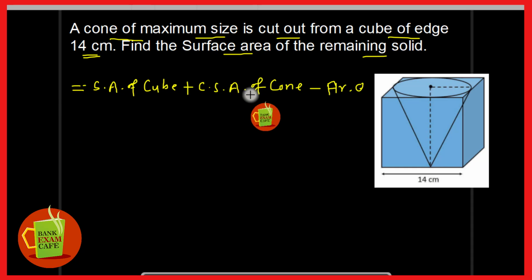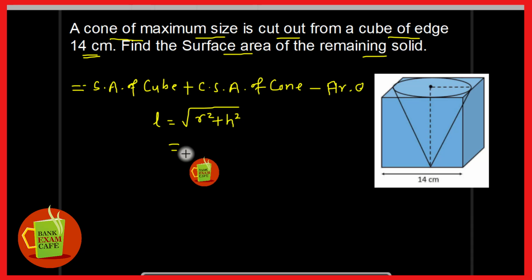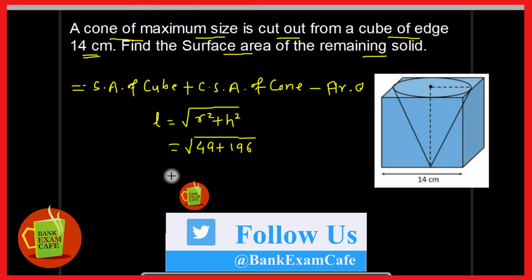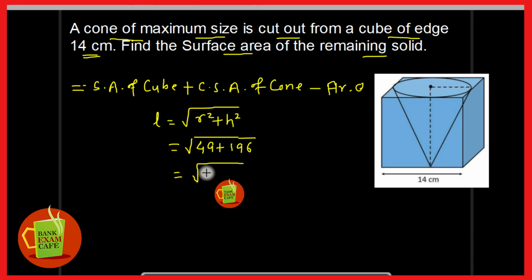So in the curved surface area of a cone, the formula is pi r L, and we will require L. So first we will find L, the slant height, which is equal to square root of r square plus h square, which is the square root of radius. The total diameter will be the edge of the cube, given as 14 centimeter, so the radius will be 7 centimeter, so 7 square is 49, plus the height will also be the edge of the cube, 14 centimeter, so 14 square is 196, and this is equal to square root of 245.